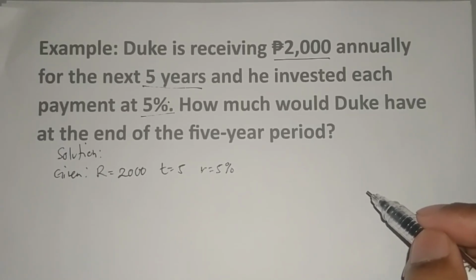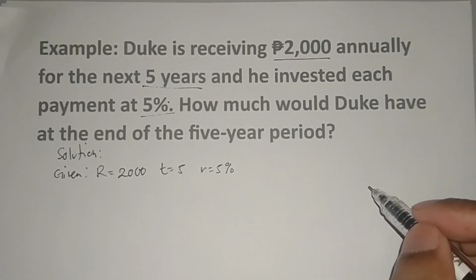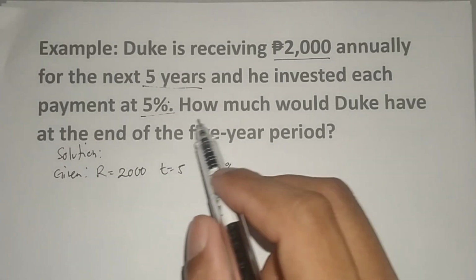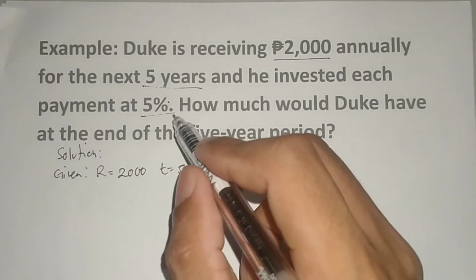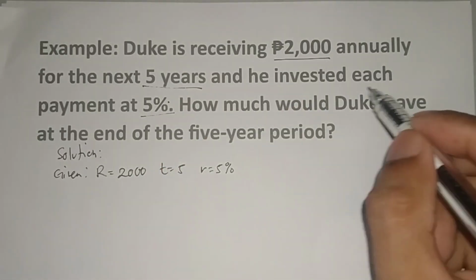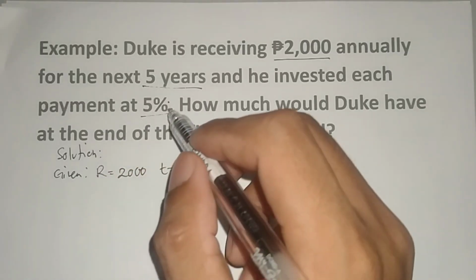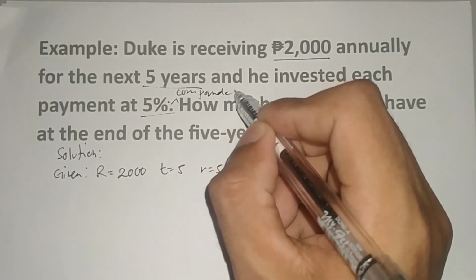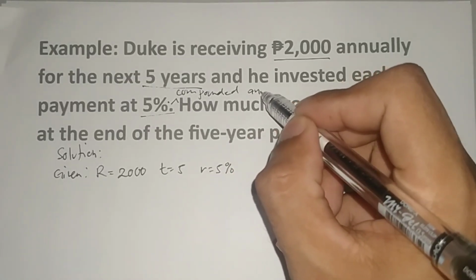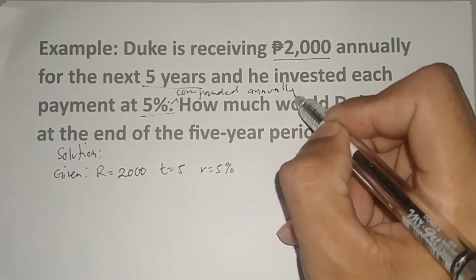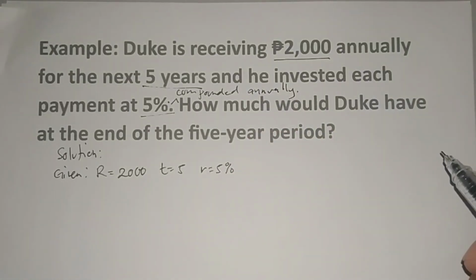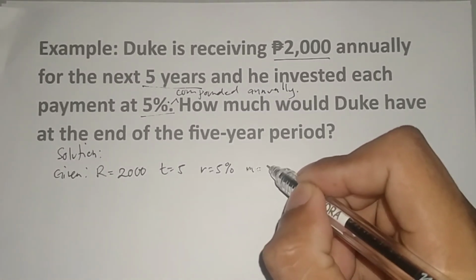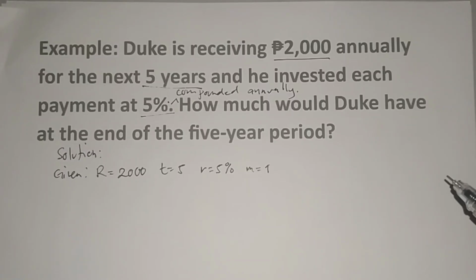Okay, now we will look for m. So walang nakasulat dito. So nagkulang lang. It should say payment at 5% compounded annually. So nagkulang lang tayo ng word na compounded annually. Okay, so that means our m is equal to 1.